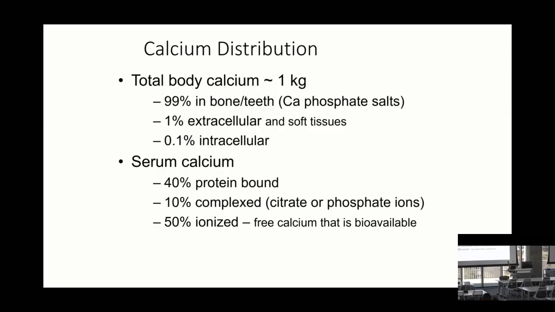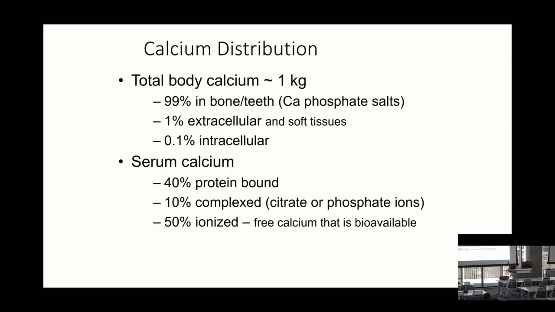But again, every fraction is really important in what they do. Serum calcium, about 40% is bound to protein, 10% is complexed, and then 50% is ionized, which is the free form of the calcium that is available for activity for all the different functions of calcium in the body.